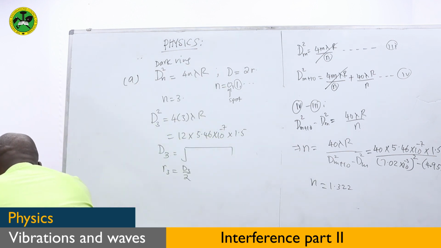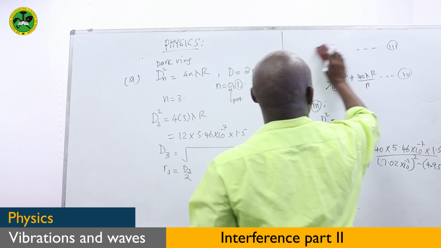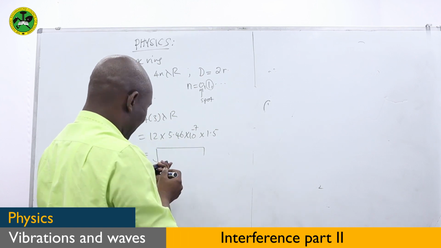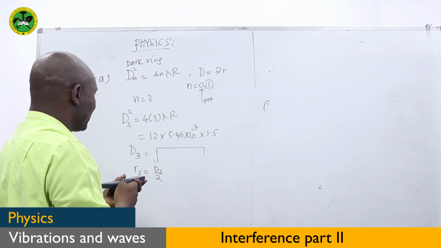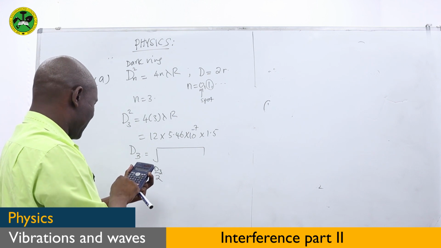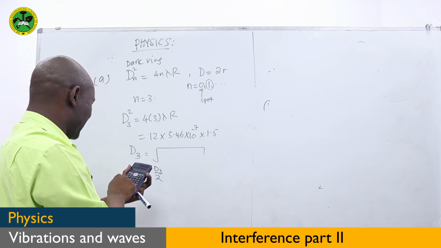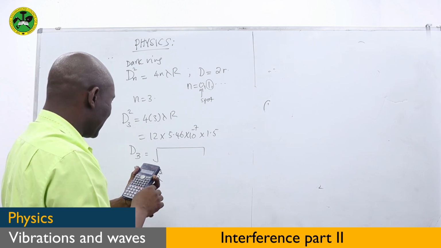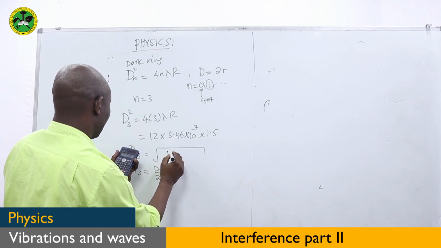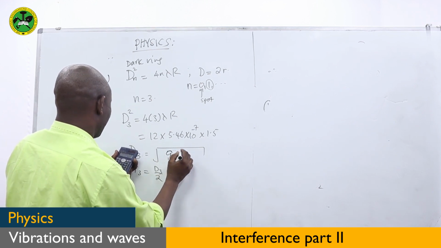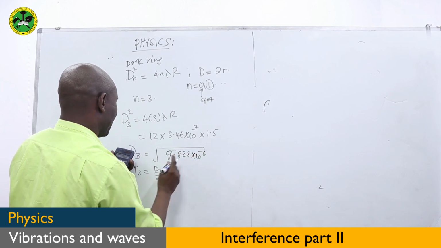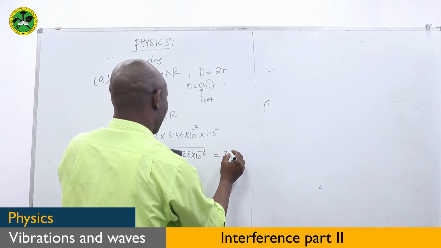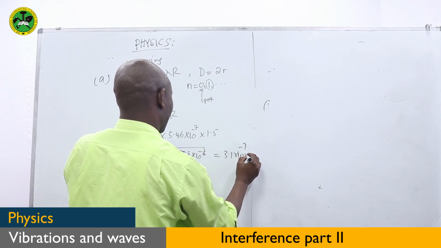If you use your calculator, take 12 times 5.46 e power negative 7 multiplied by 1.5, you get 9.828 times 10 negative 6, and the square root of that gives you 3.1 times 10 negative 3 meter.